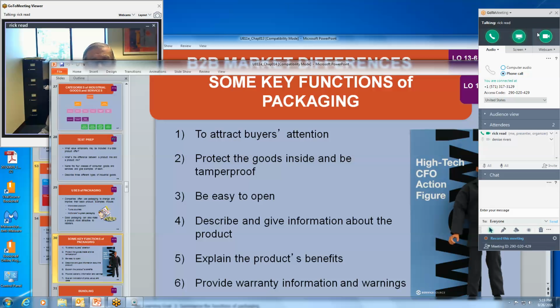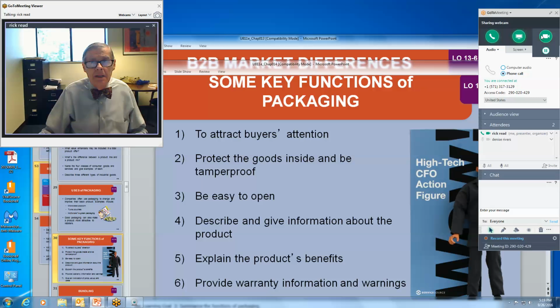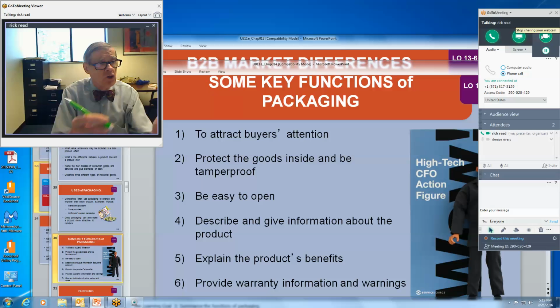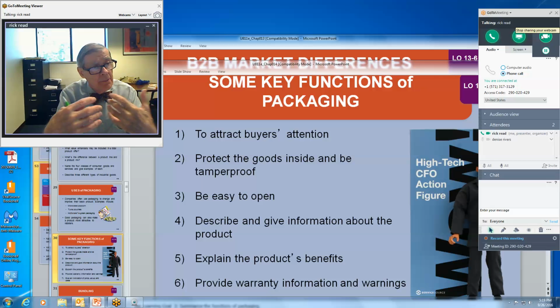And the slide here talks about key functions of packaging. I like to use the term pluses because it is telling something about the product that is important to the consumer.